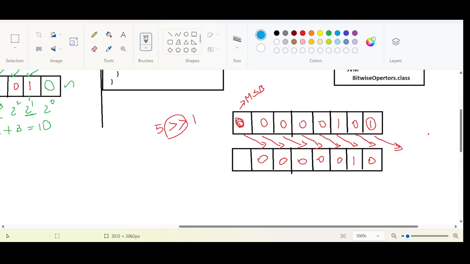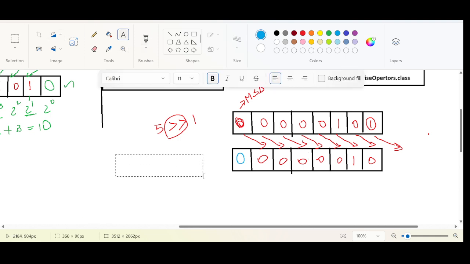So fill this void or this space with 0. I can simply say: fill the void or space with the value of MSB from the actual number.